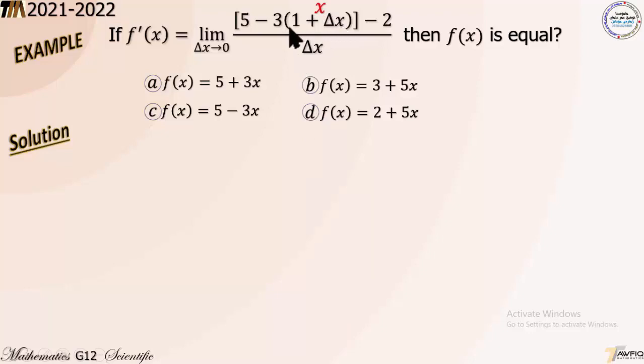Then write here 5 minus 3x. That means the function is 5 minus 3x. That means C is the correct answer.